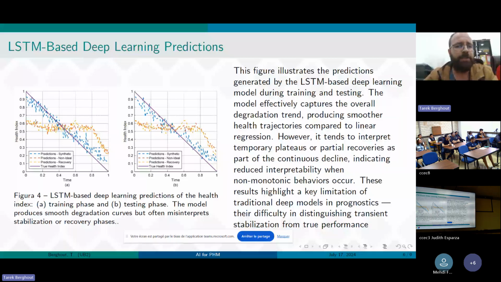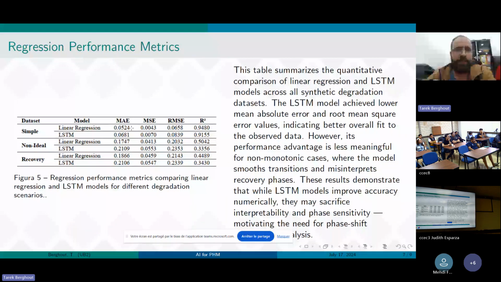The question here is why the linear regression model was able to show better results. In this case, it is because there are ground truth labels that incorrectly represent the plateau case of stability and also the case of recovery. Meaning if we want to obtain more accurate results, either we should modify the ground truth, or we find another way to filter those misrepresented data or misrepresented measurements to provide better results.